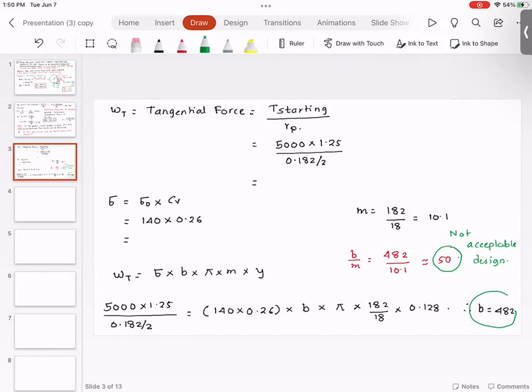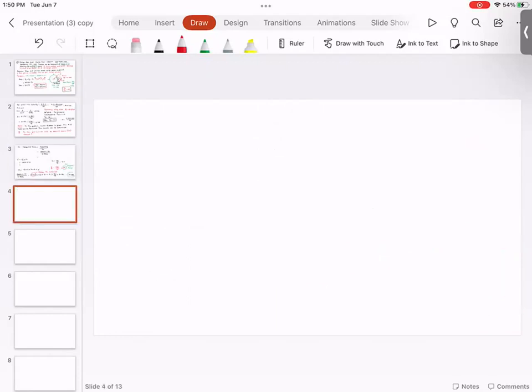The easiest thing to do here is change the material. Now, if I want to change the material, what would be the best way to change the material? So clearly, we have to iterate the design.